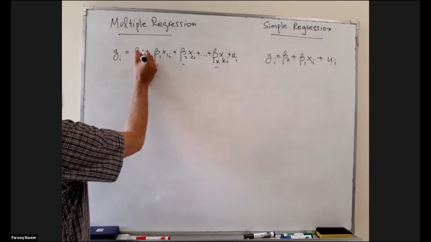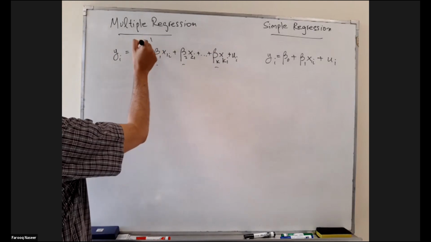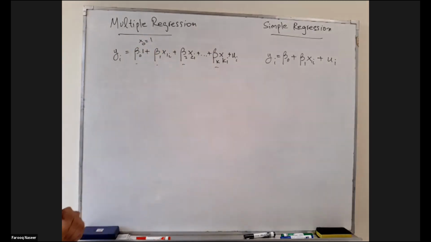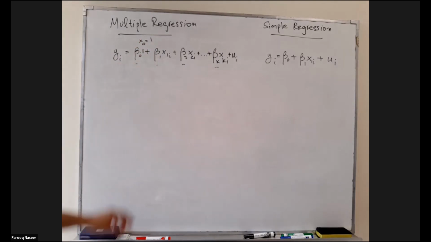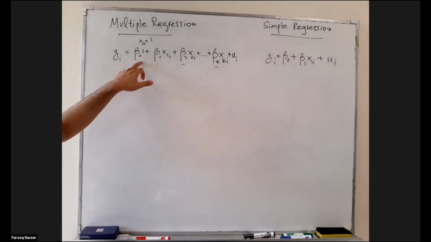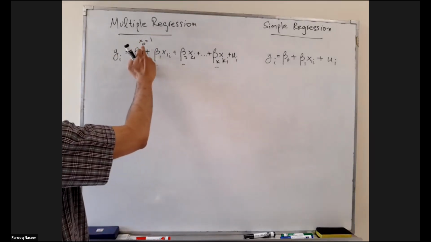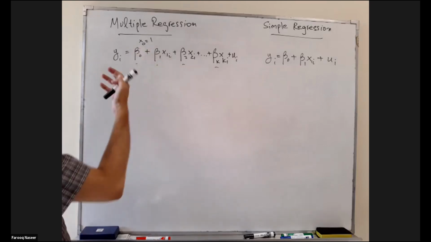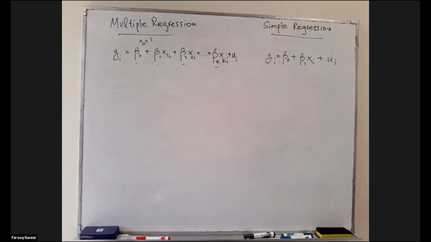You can think of it as x equal to 1. So there's a variable x0 in my data set, which takes the value 1 for all observations. In that case, beta 0 is also multiplied by x, because beta 0 is just a constant. Beta 0 multiplied by 1 is beta 0. And so I have this multiple regression.